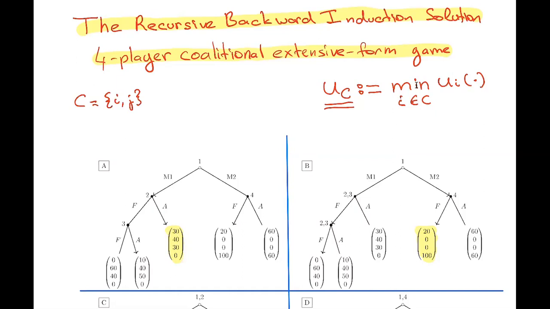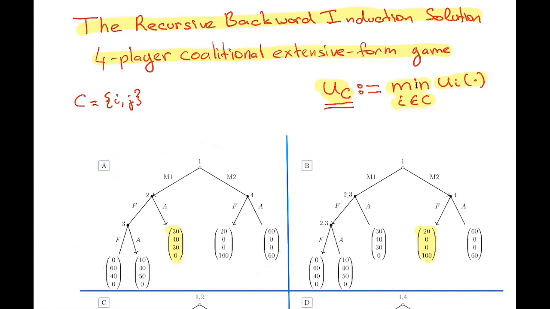Okay, now let's move on to the example. As I have just mentioned, coalitional utility function UC over here is defined as the minimum of UI, where I is a member of coalition C. So here is a 4-player coalitional extensive form game.